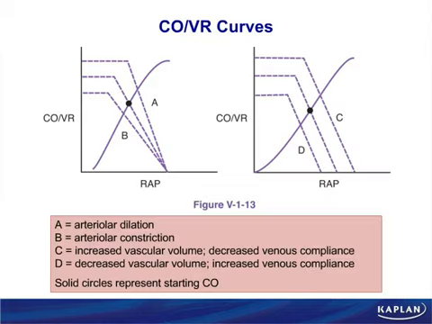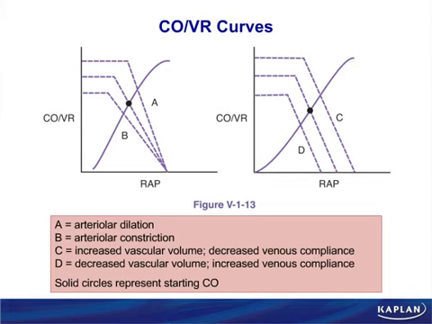Okay, again, we're working with the curve on the right. D represents a decrease in vascular volume or an increase in venous compliance. As we did with C, what you should notice immediately is this change shows a decrease in PSF. Because remember, PSF is the x-intercept for the venous return curve.